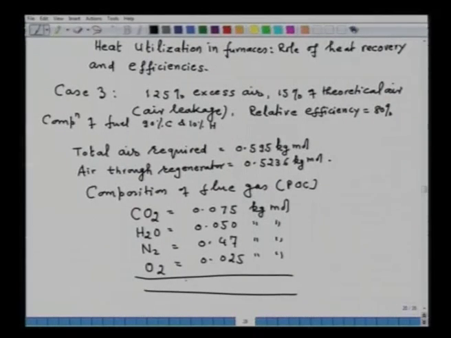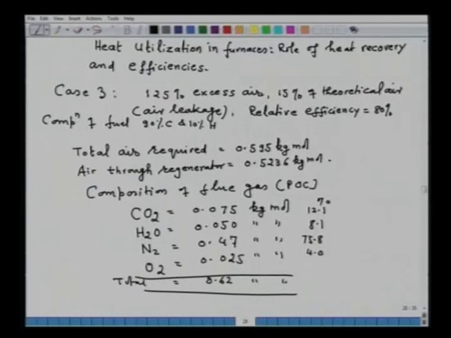So, the total amount of POC is equal to 0.62 kg mole, or in percent, CO2 is 12.1, H2O 8.1, N2 75.8 and O2 4.0.